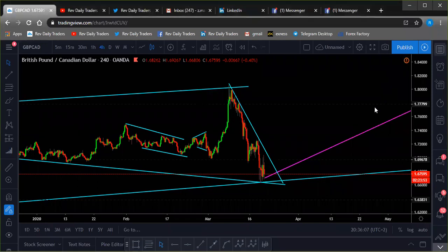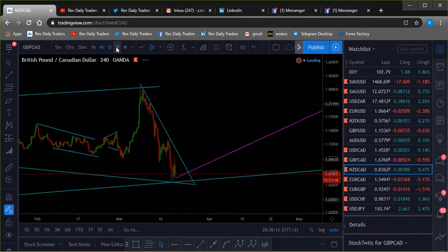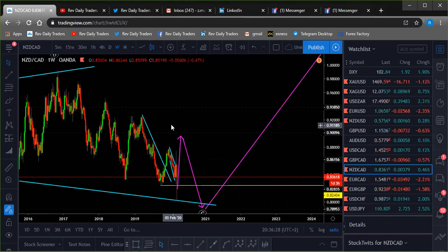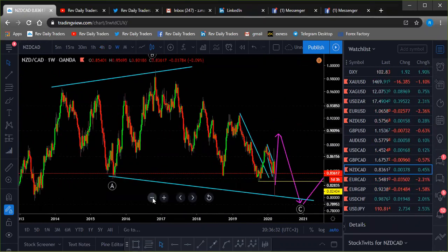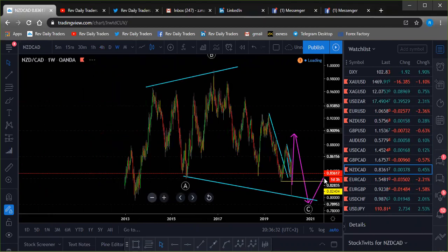We'll move to another currency pair, which is NZD CAD. Then on NZD CAD, what we are looking for, start on weekly so that you can see the pattern that we are expecting there.